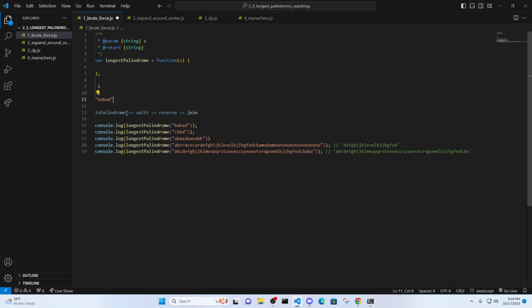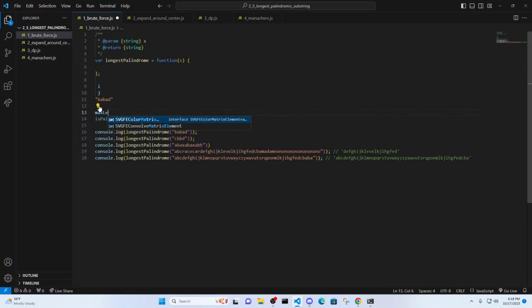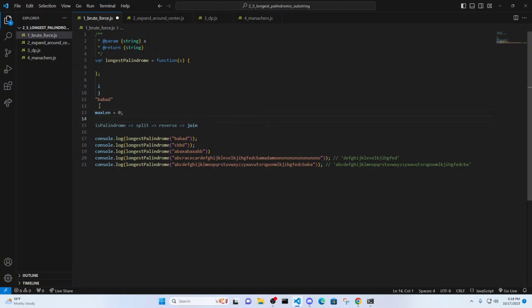Then we'll compare the original string with the reversed string, and if they're equal, then it is a palindrome. Very, very simple function. And we'll have a max length which starts as 0, and a longest, which just starts as an empty string.